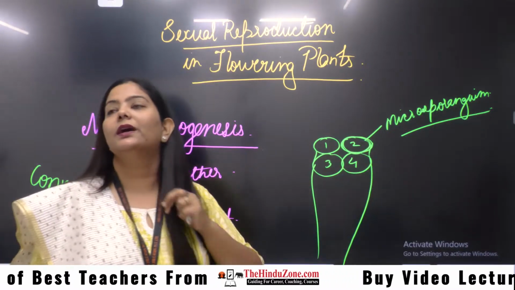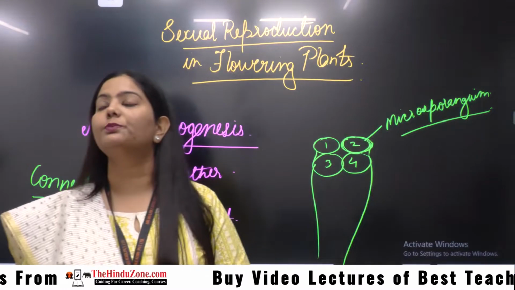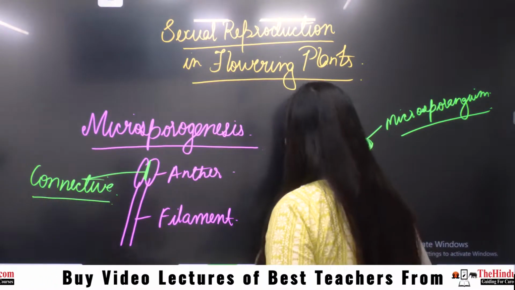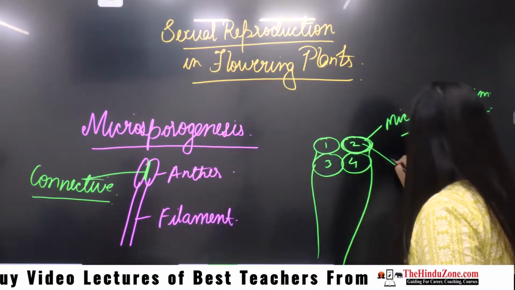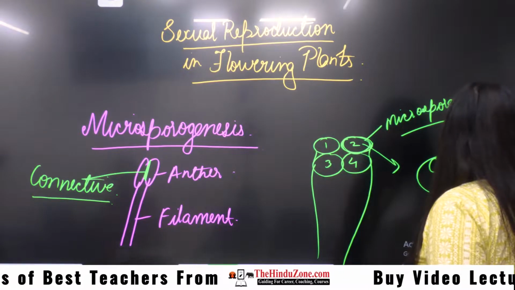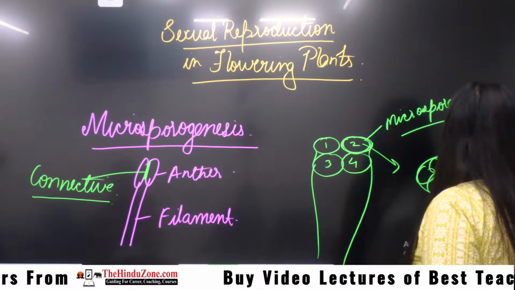A number of sporogenous tissues are present. If I take one of these, a number of cells join to form a sporogenous tissue.